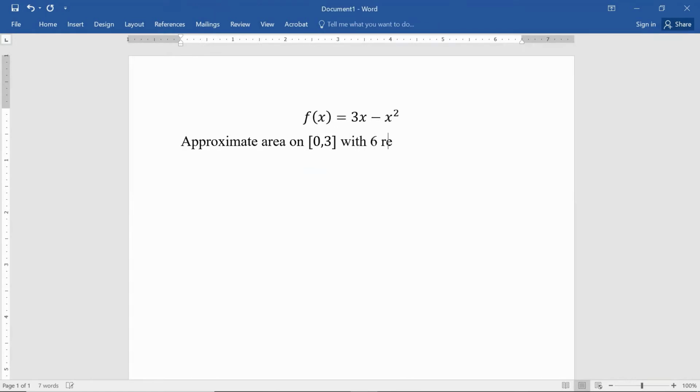So algebraically, we could say the width of each rectangle, since we go from 0 to 3 and want to divide into 6 rectangles, the length of the interval is 3. I want to divide that by 6 pieces. That means the width of each rectangle is going to be 1/2.